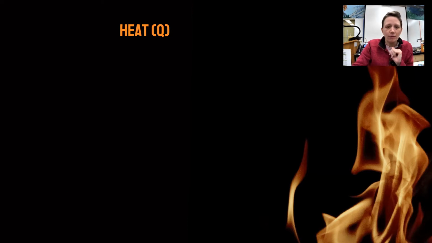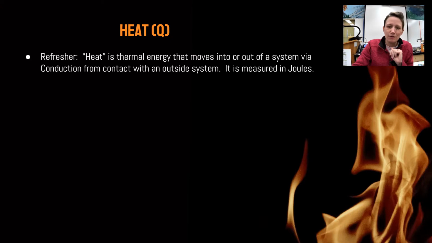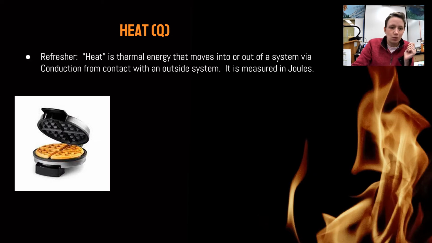Okay, so quick little refresher that heat, which we've talked about in previous videos, is the variable Q, and it's the thermal energy that's moving in or out of a system via conduction from contact with some other system. We measure heat in joules. So if you were talking about the system of that waffle, it's going to absorb heat from the metal plates of the waffle iron, and that will increase the thermal energy of the waffle.